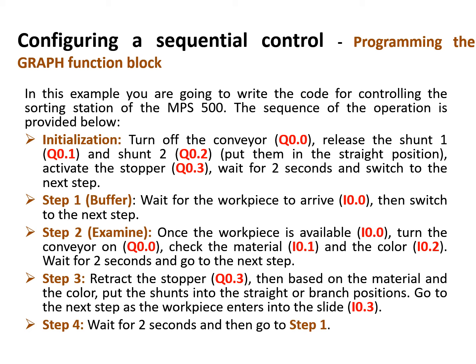So shunt 1 and shunt 2 are basically guides which lead the parts into slide 1 and slide 2. Activate the stopper. What is that stopper? That stopper is a single acting pneumatic actuator. Wait for 2 seconds and switch to the next step.